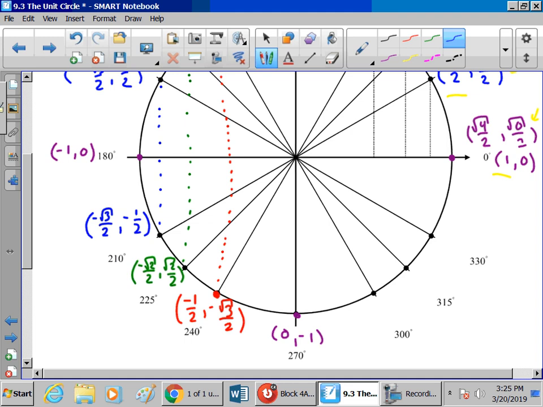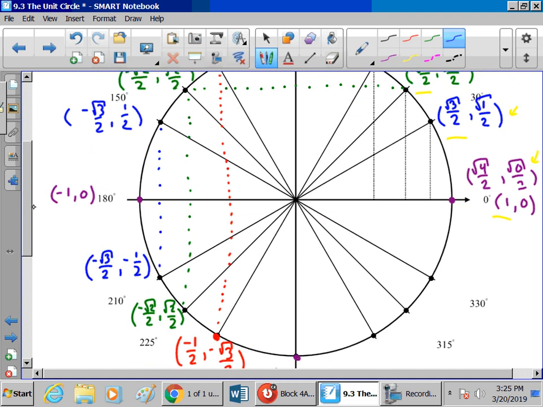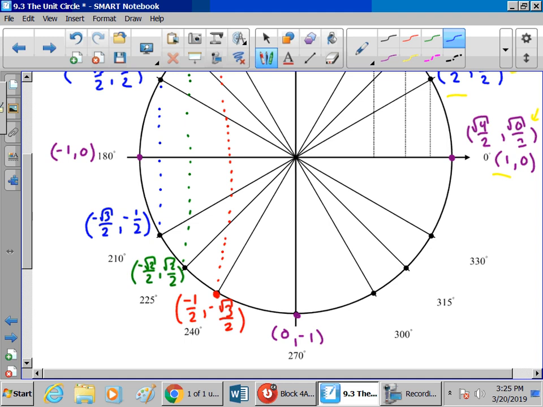But you can also generate it by flipping the y coordinate in quadrant 1. So in quadrant 4, we're going to go across from the red one. And we wind up with, now we're flipping our x back, but we're keeping our y the same. Wind up with 1/2, negative rad 3 over 2. Flip the green back across, so we're flipping the x, keeping the y the same.